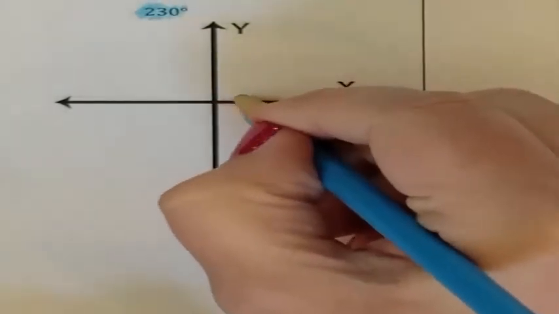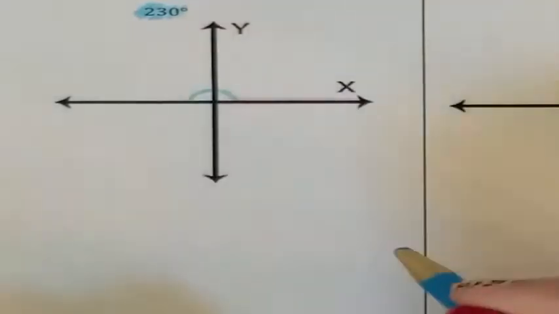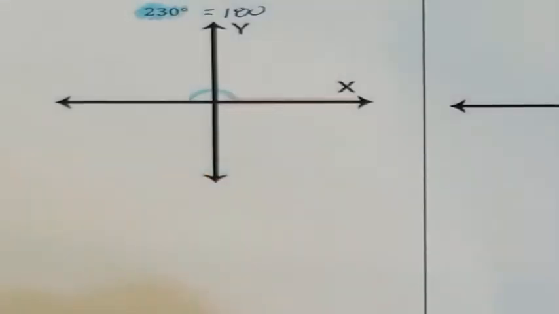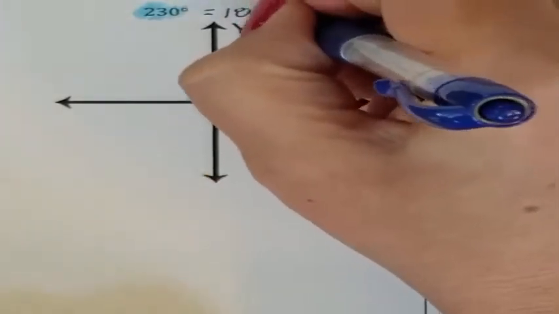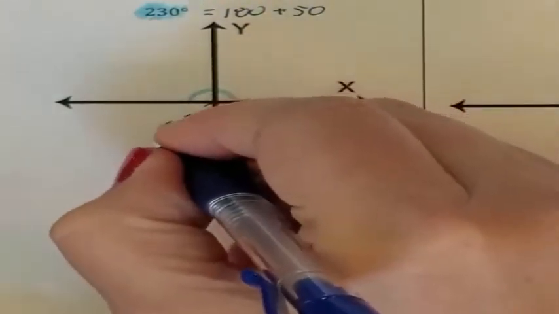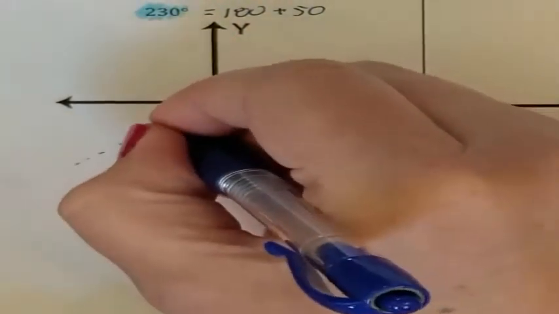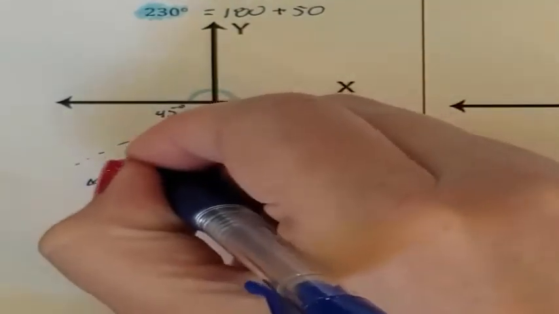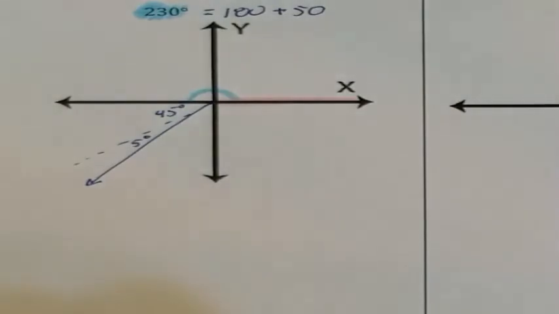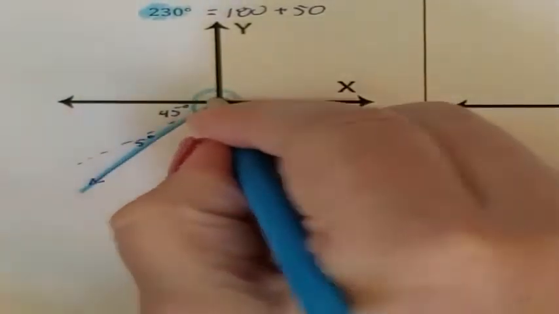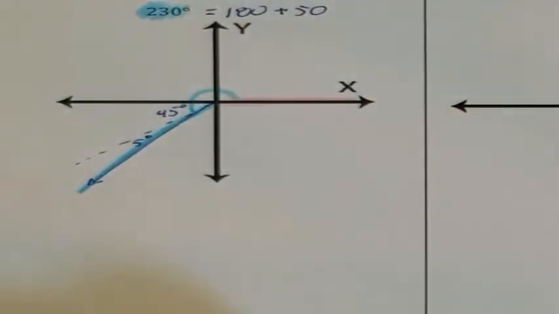So I'm going to first travel the full 180, and then I need to travel another 50 into here. I'm going to split this in half because I know that this would give me 45 degrees, and a smudging past that would give me the remaining 5 that I needed to get the 50. So traveling that distance would have landed me on the angle of 230.